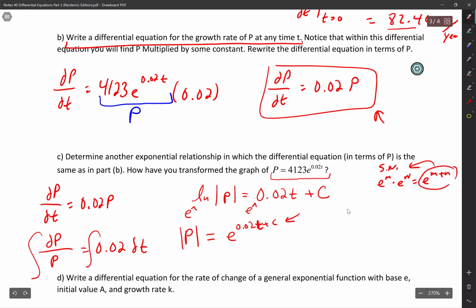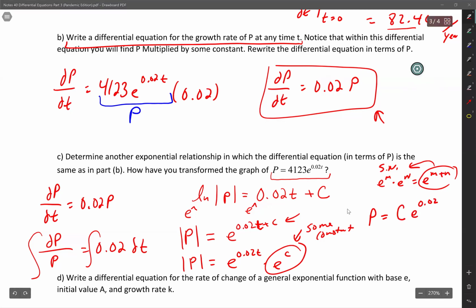So I'm trying to go backwards here. So I'm going to say absolute value of P is equal to e to the 0.02 t times e to the c. Okay, now this is just some constant. So now I have P, notice that I didn't put absolute value, is equal to C e to the 0.02 t.